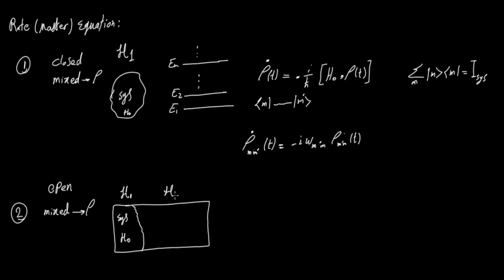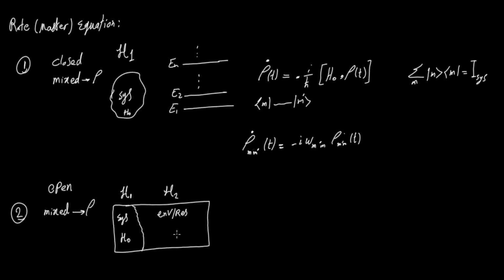And then we have the second Hilbert space, which is the environment, or let's call it the reservoir. The reservoir and environment are quite the same. There are very subtle differences, which are important in their own literature. But for now, to be more technical, let's consider our environment as a reservoir. A reservoir basically is a subset of the environment. All right, we're not going to go into the details in this video.